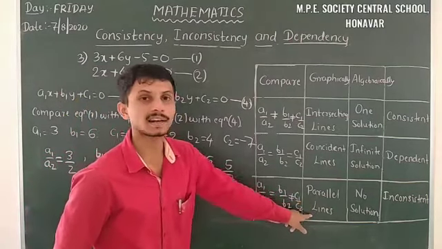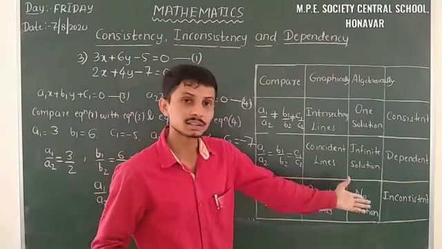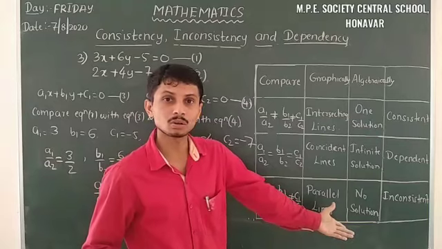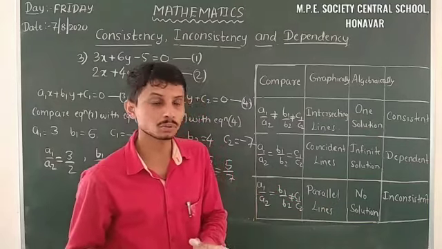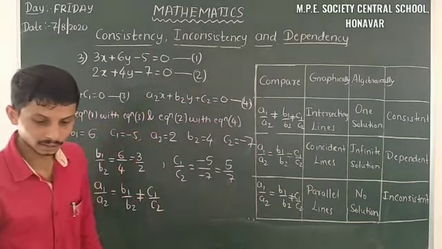So these are the parallel lines. So the parallel lines, there is no solution. So there is no common solution for the pair of variables, and those are the inconsistent pair of linear equations.